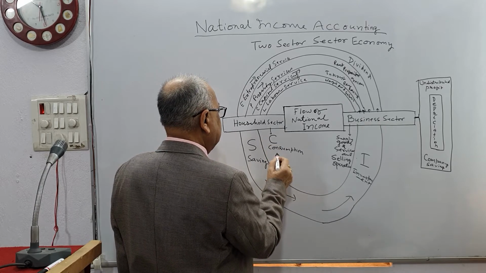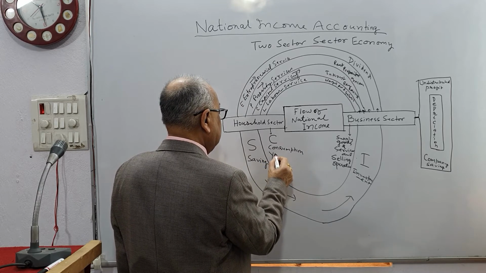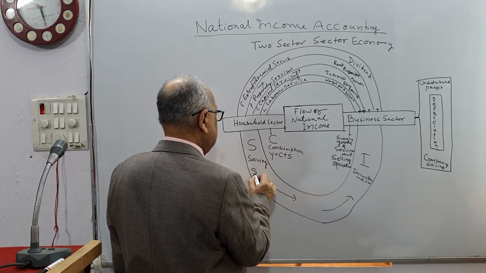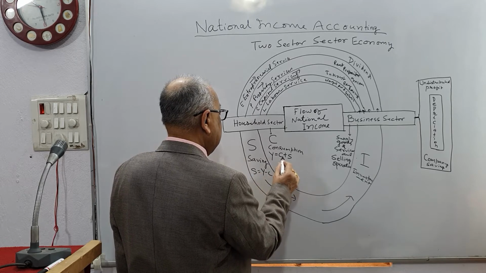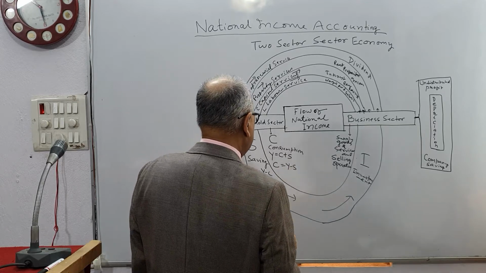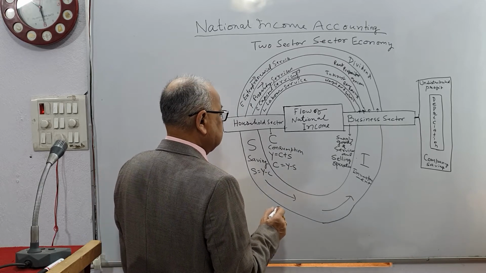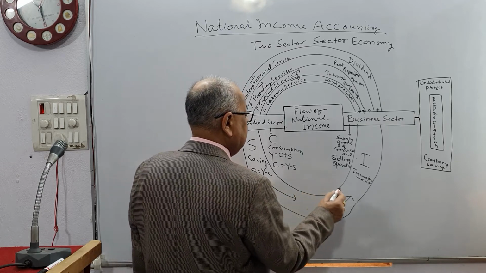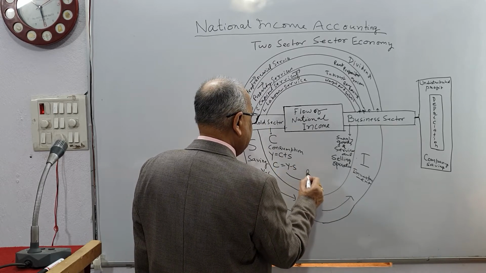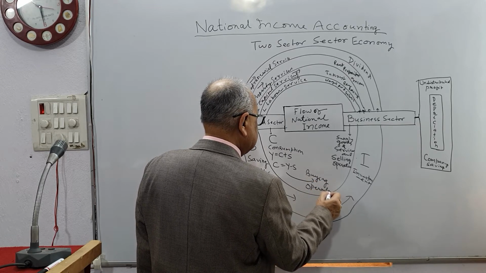In the household sector, when income is received, which is equal to C plus S. So S is equal to Y minus C, and C is equal to Y minus S. This saving will turn into investment, and consumption means buying operations.